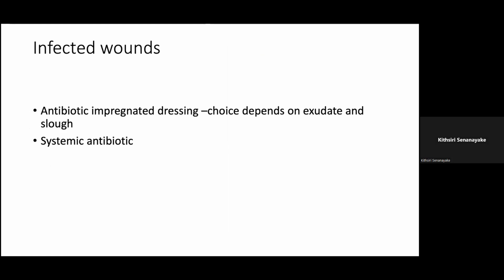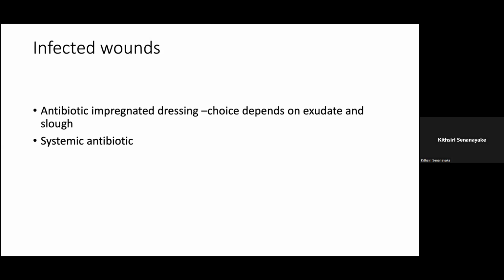So the third category, if your wound is infected, then again, as I said, you need to think about starting a systemic antibiotic if the infection is spreading and your CRP is increasing.